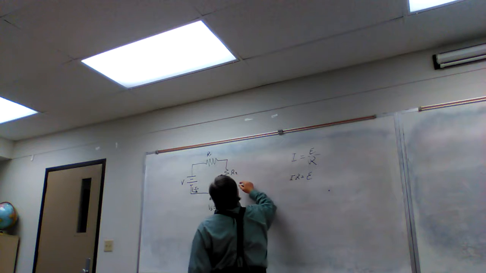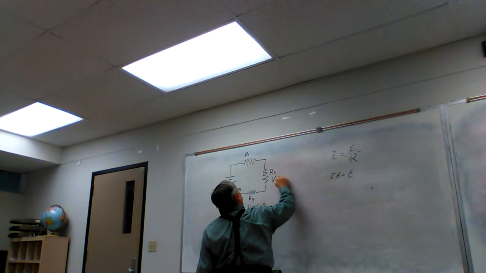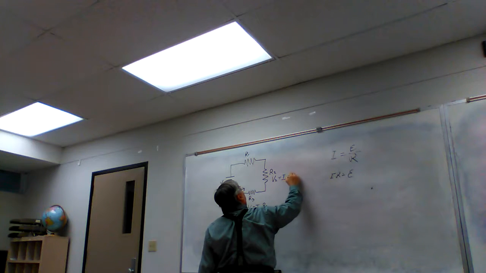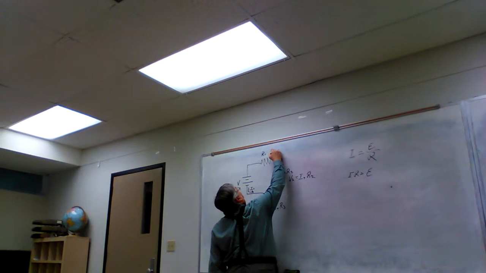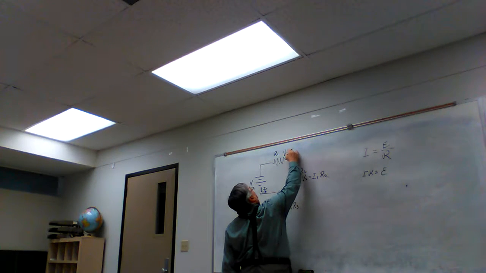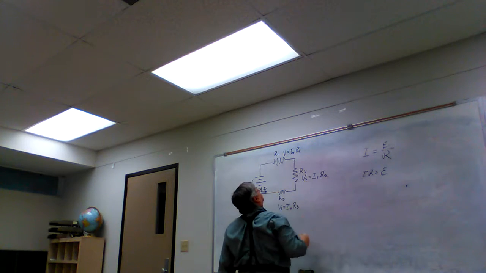The same is true with R2. The voltage dropped across R2 is equal to the total current times R2, and the voltage dropped across R1 is equal to the total current times R1.